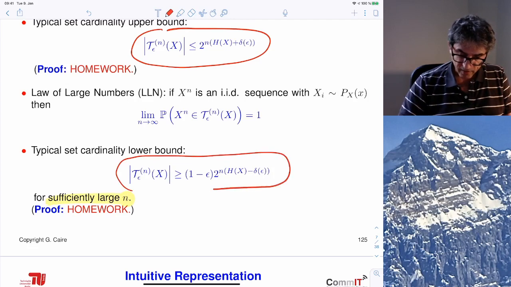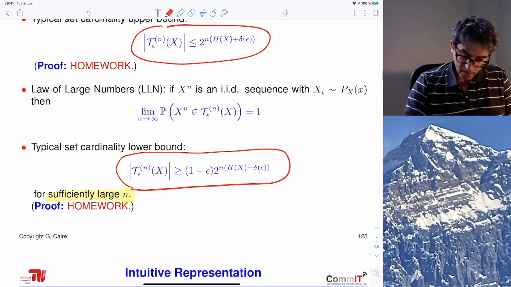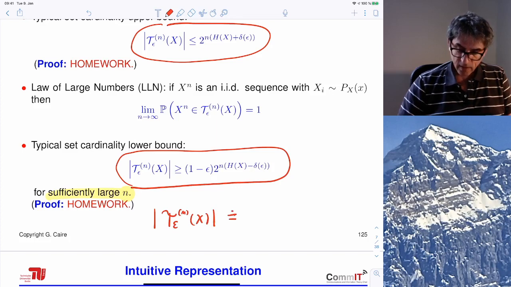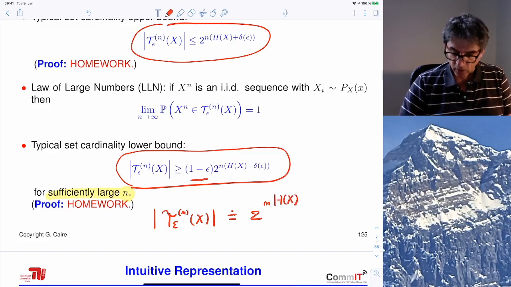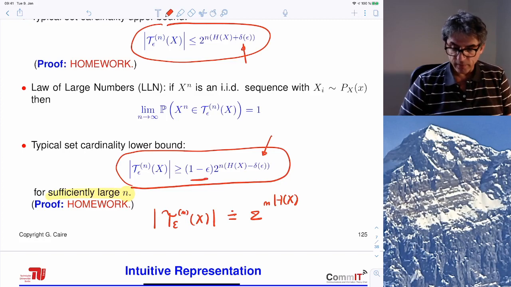Which means that if I fix epsilon and I take n sufficiently large, when you compare these two, upper bound and lower bound, basically the typical set for large n and fixed epsilon is exponentially given by 2 to the n times the entropy. Okay, because this 1 minus epsilon can be made arbitrarily close to 1, and these deltas, plus and minus deltas, go to 0 when epsilon goes to 0. Okay?